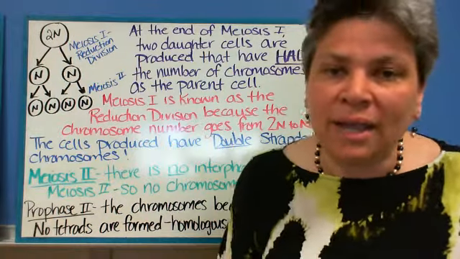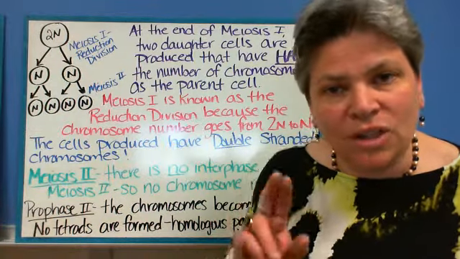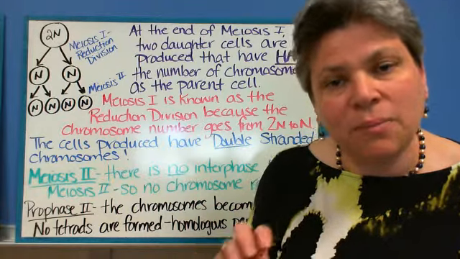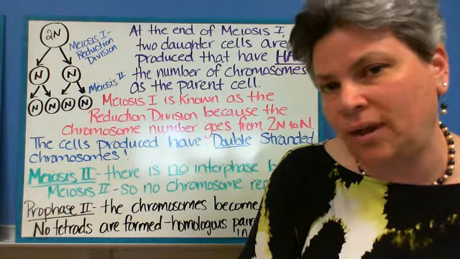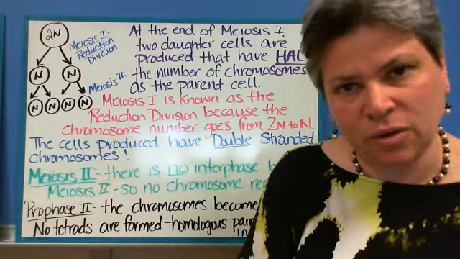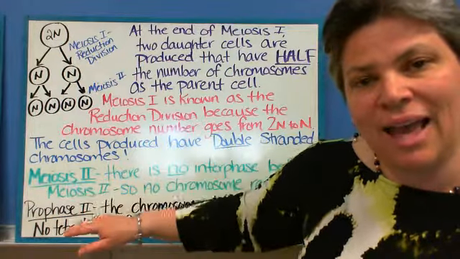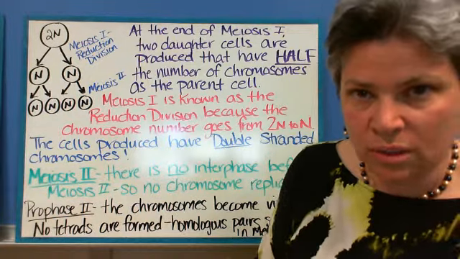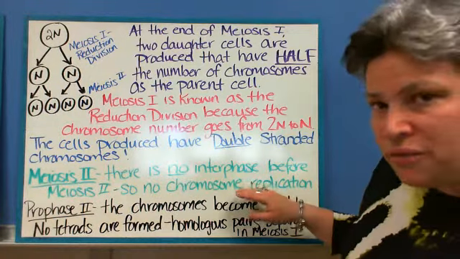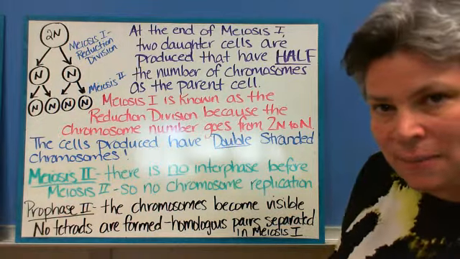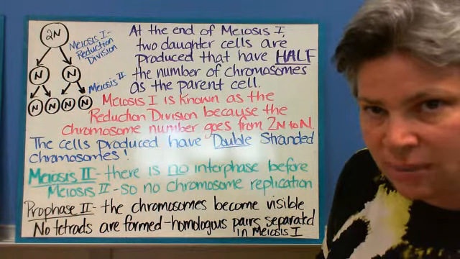The same reason why in mitosis we had to undergo the rest of that process, because what type of chromosomes do we want? Single-stranded chromosomes. So the whole purpose behind meiosis 2 is to get single-stranded chromosomes. So there's no interphase. I don't want the DNA to replicate again. I don't want the chromosomes to replicate again.